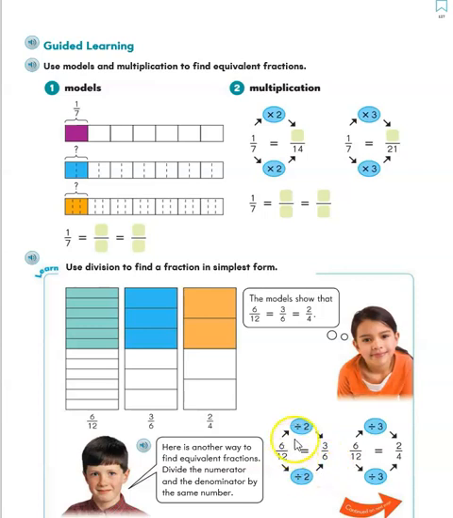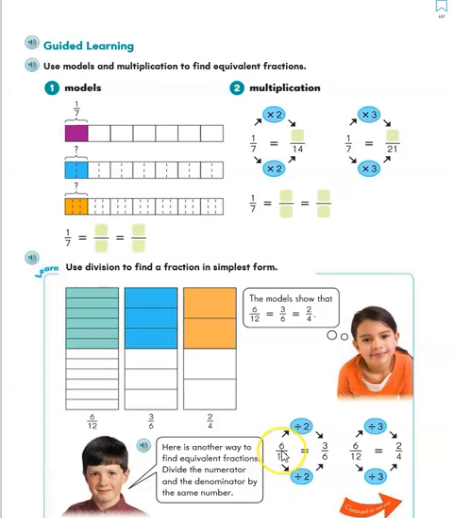Because remember, if we divide the top number, our numerator, by something, we have to divide our denominator, our bottom number, by that same number. Okay, so 6 divided by 2 is 3. 12 divided by 2 is 6, of course, because 6 times 2 is 12. Fact family.